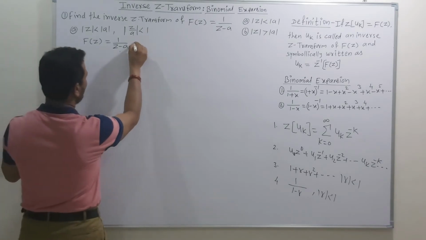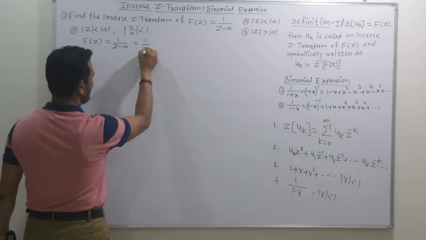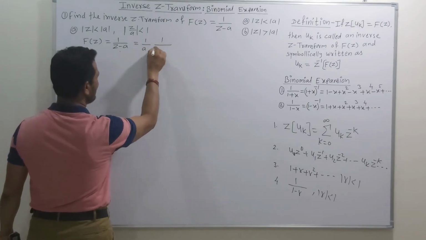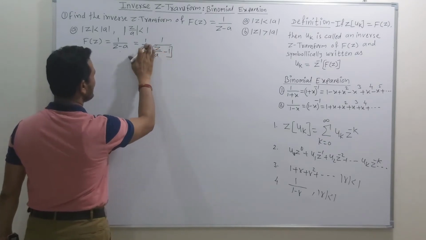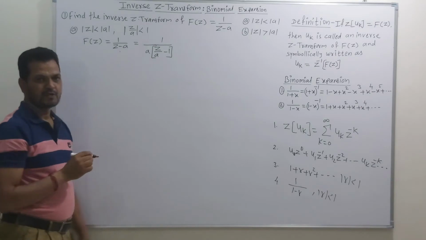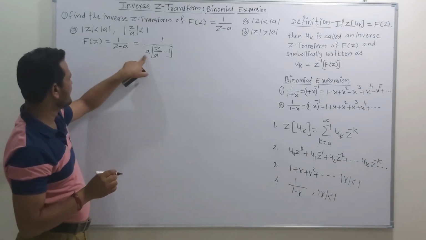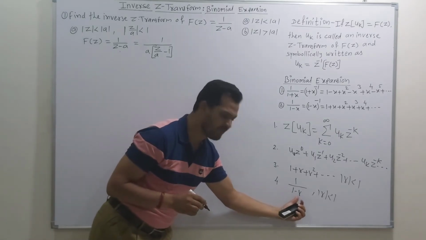Now to get the value of r as z upon a, we can take the term 1 upon a common, then we get this as z upon a minus 1. After taking a common, we may write it in this form. So this is the alternative form. But we require this as 1 minus r.